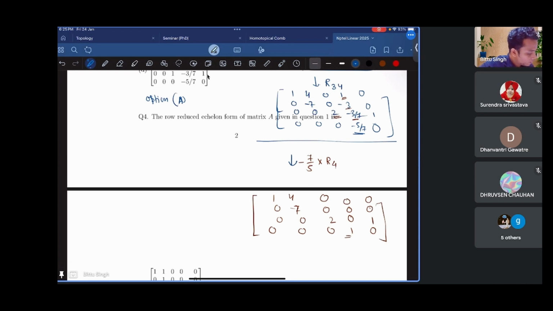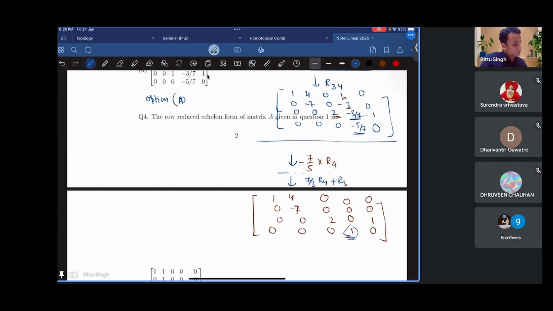For example, if we get 1 here, then after that we are again multiplying and subtracting. For example, here when we are getting 1, just multiply 7/3 with this row R4 and add with the third row.